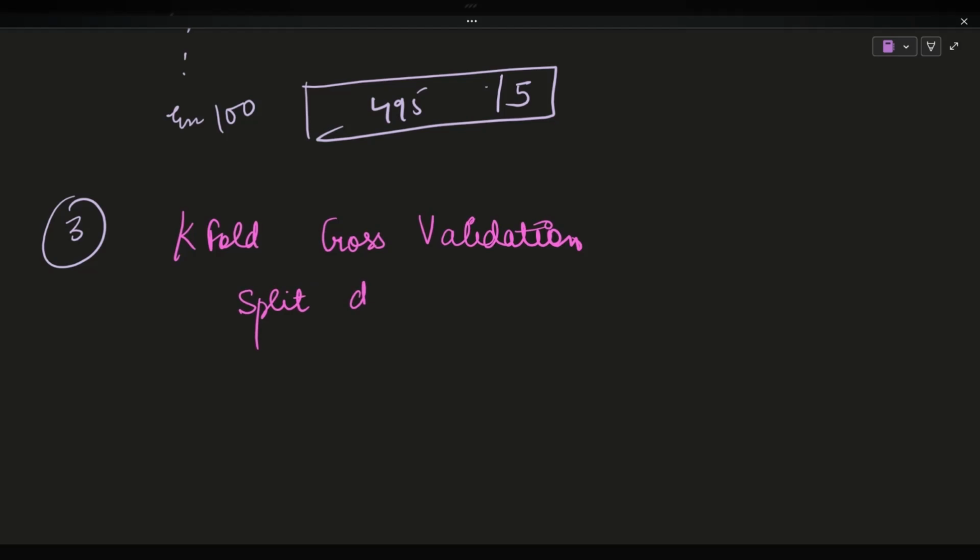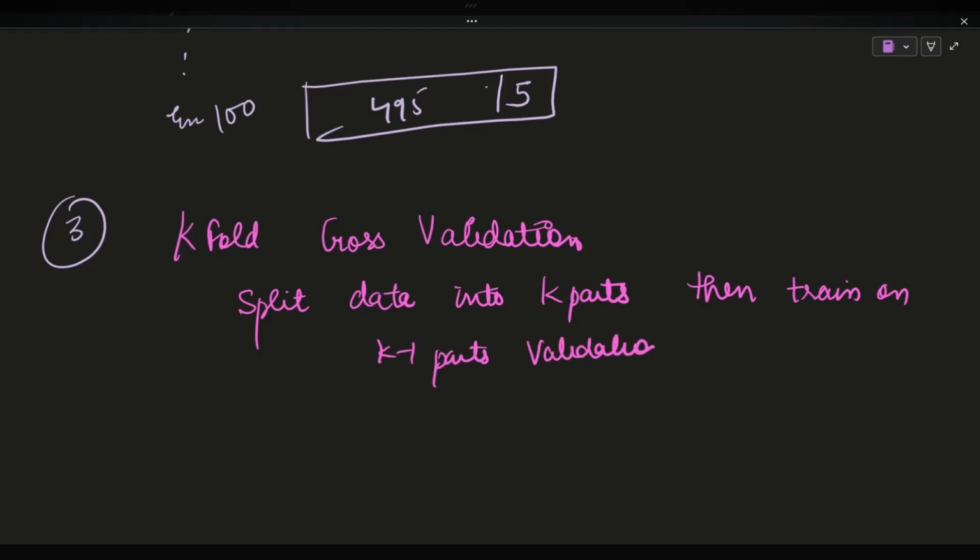Always remember, split data into k parts. Then you have to do training on k minus 1 parts and validation on 1 part. And then you have to repeat it how many times? Repeat it k times. This is the process of k fold cross validation.